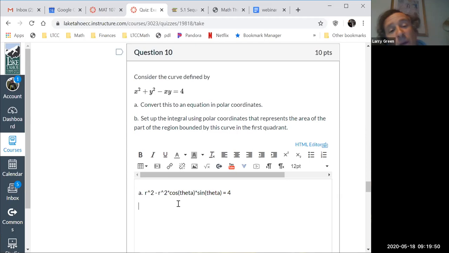Okay. And by the way, you could either do it in part A or part B. I might as well do it in part A. Let's solve for r. If you solve for r, you can factor out an r squared, divide, and take a root, and you get r is equal to the square root of 4 over 1 minus cosine theta sine theta.